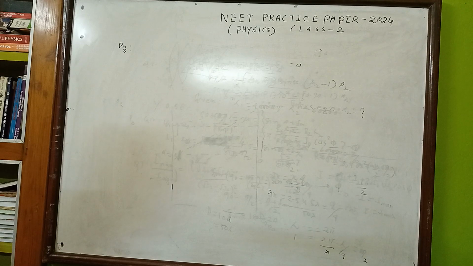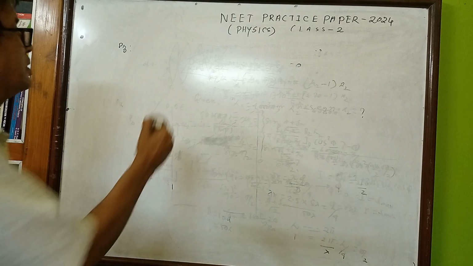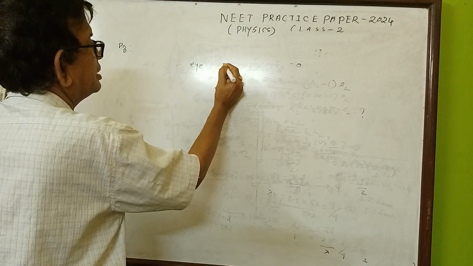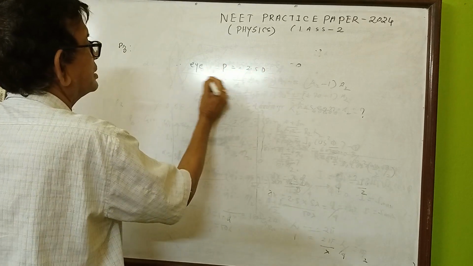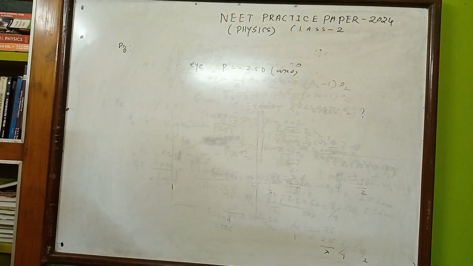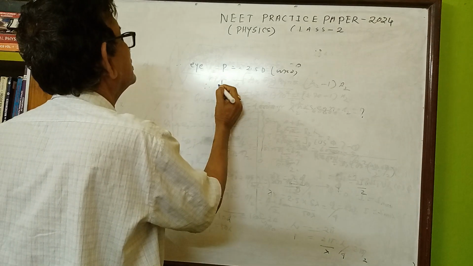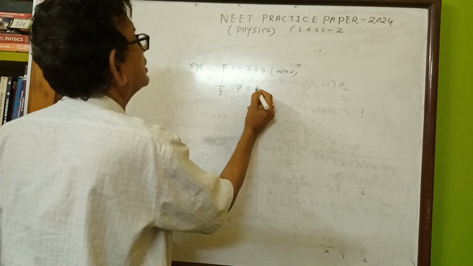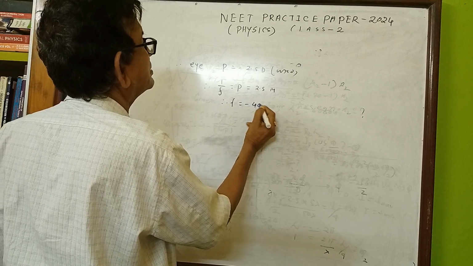Now one thing, you are using a lens of power minus 2.5 D. Now what is the focal length? You know power and focal length: 1 by f equals P, that is 2.5 per meter, or you can write f equals minus 40 centimeter.